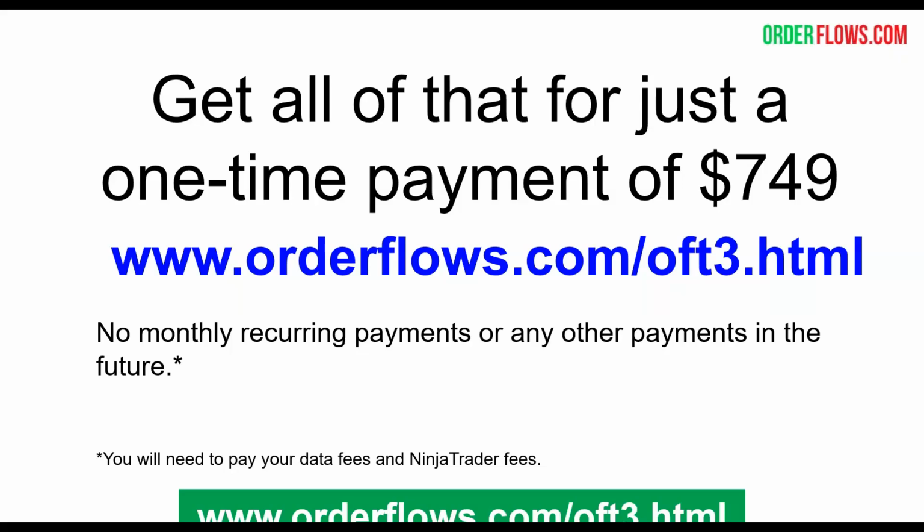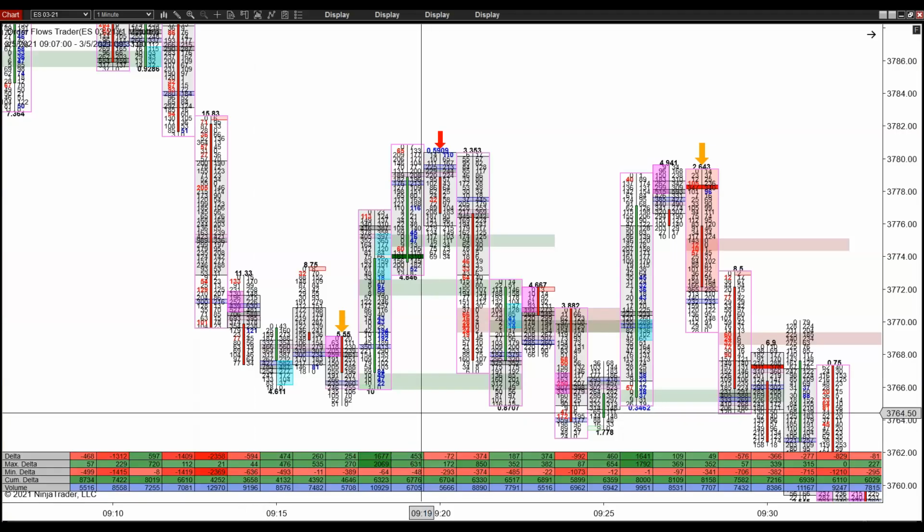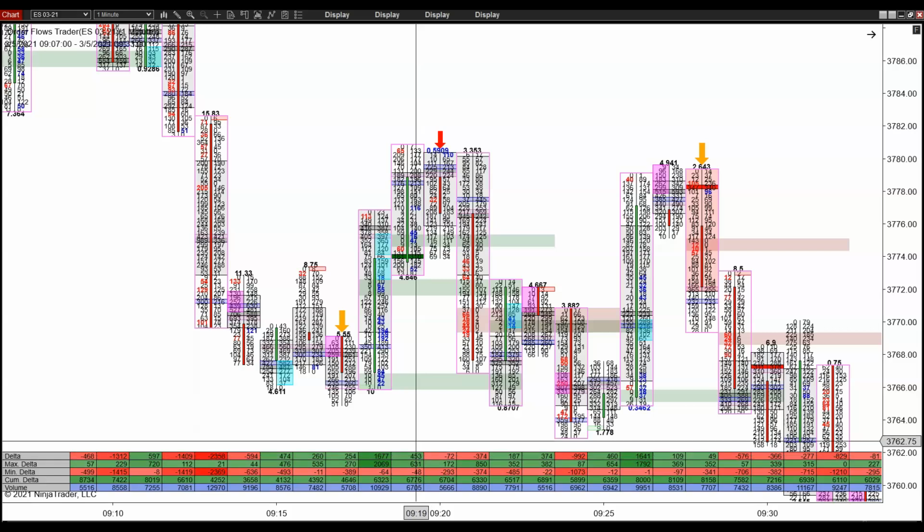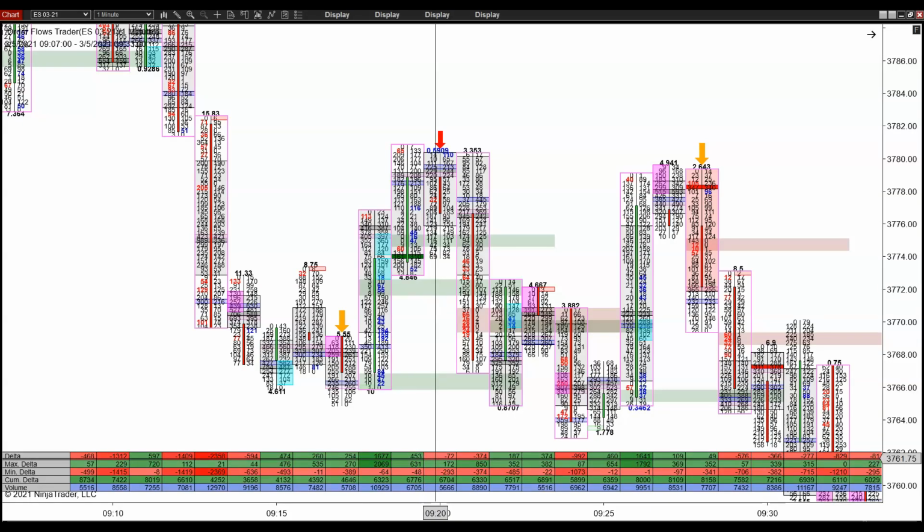Gary, I went over max and min delta. Again, just really quick for those that came in late: there's delta, max delta, min delta. The headline number delta is what delta was when the bar closed or as the bar is forming. Max delta and min delta are how strong delta was in a bar.